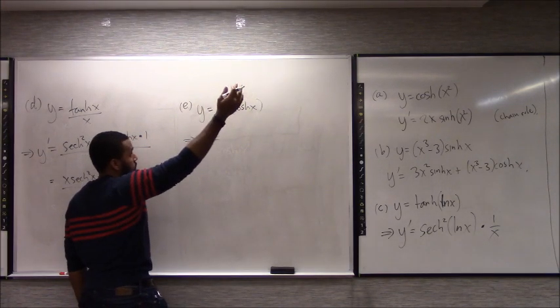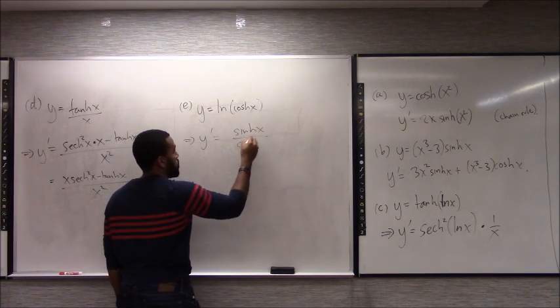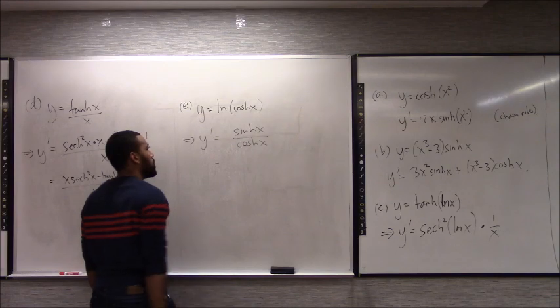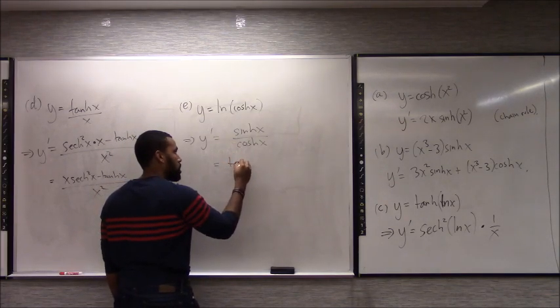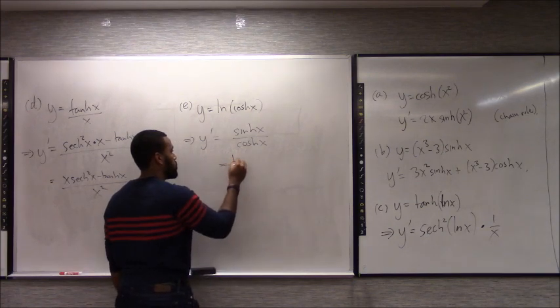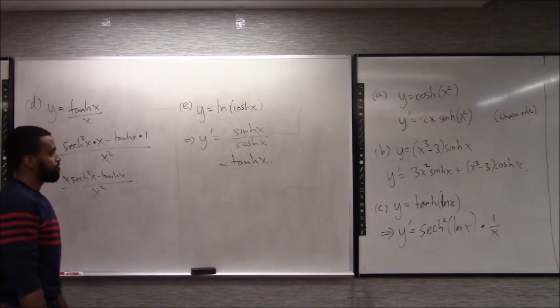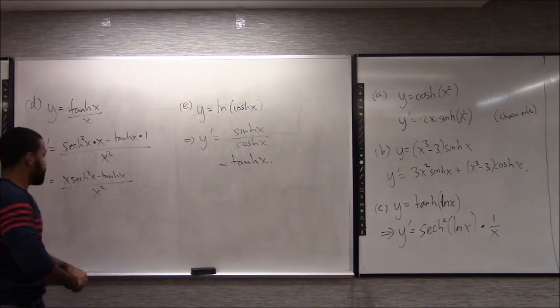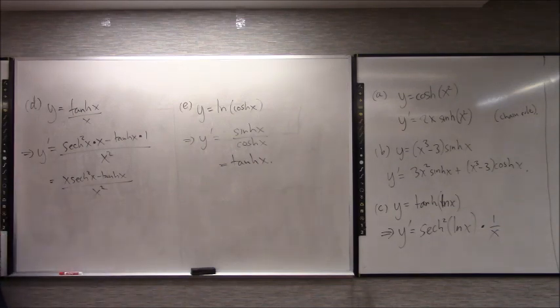The derivative of ln of anything is the derivative of the thing over the thing itself. So that is csch.